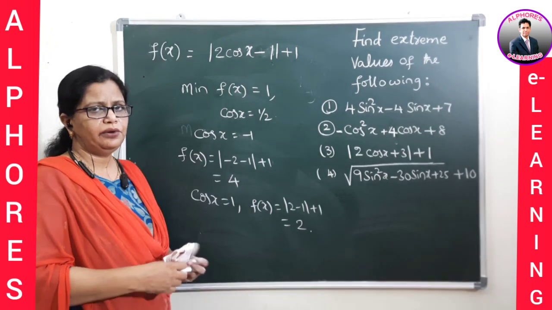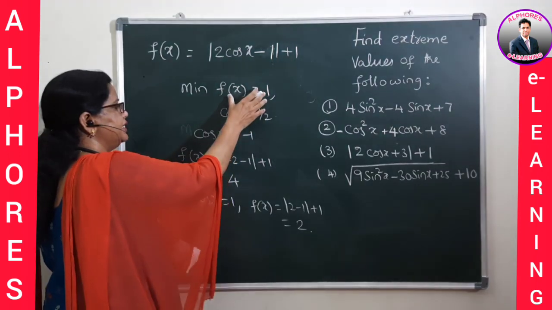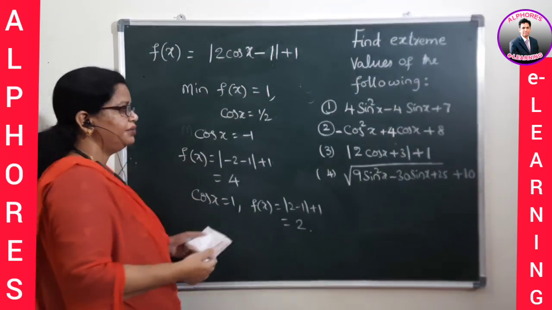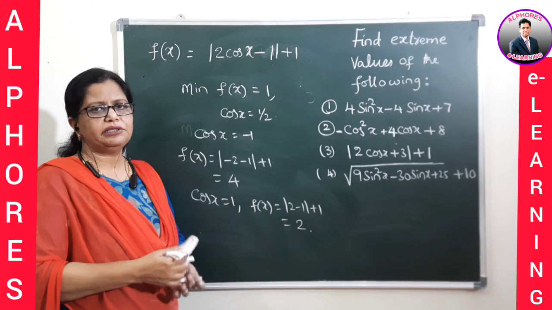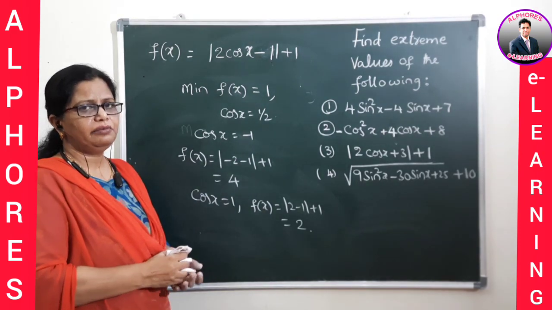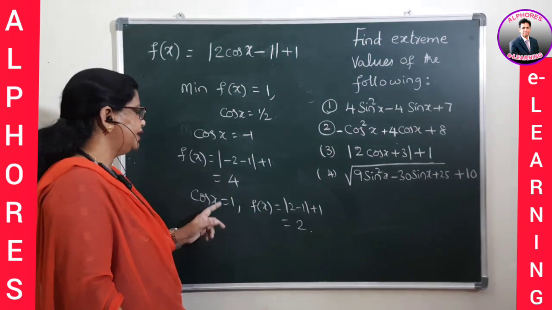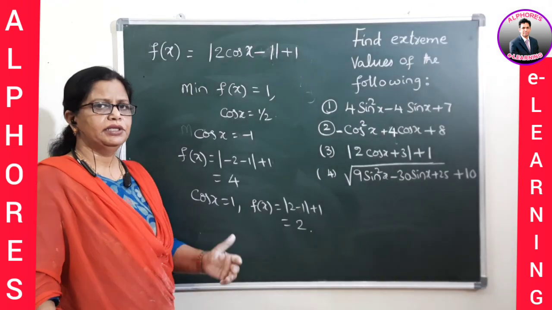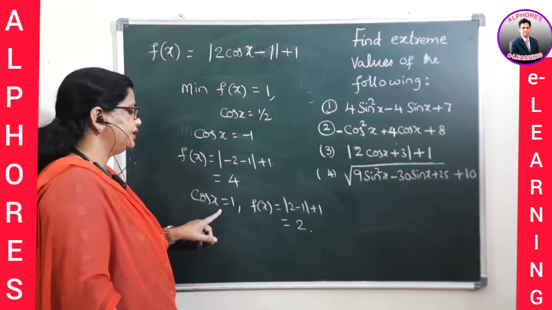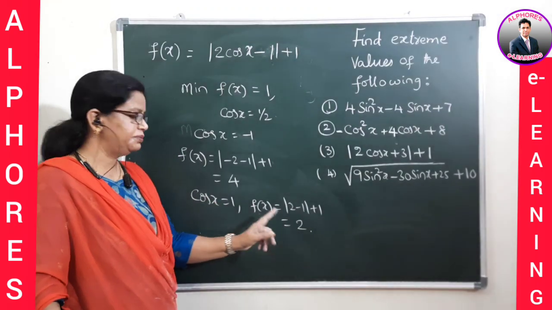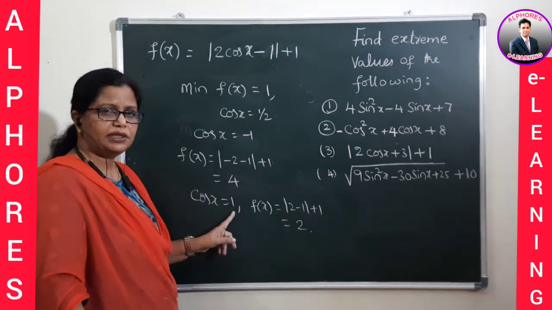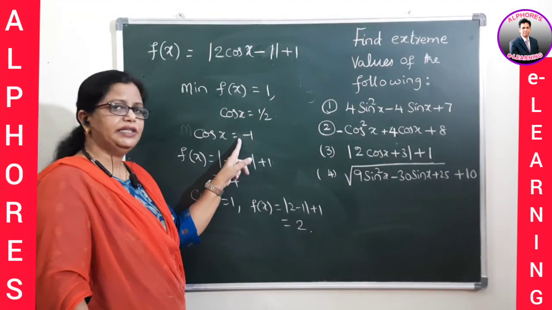Then you may get a doubt here. However, whether cos x value is 1 by 2 or minus 3 by 2, why can't we directly make use of the minimum value and maximum value? Why can't we substitute? The reason behind this is that, as you have just observed, I substituted the highest value of cos x and the least value of cos x.